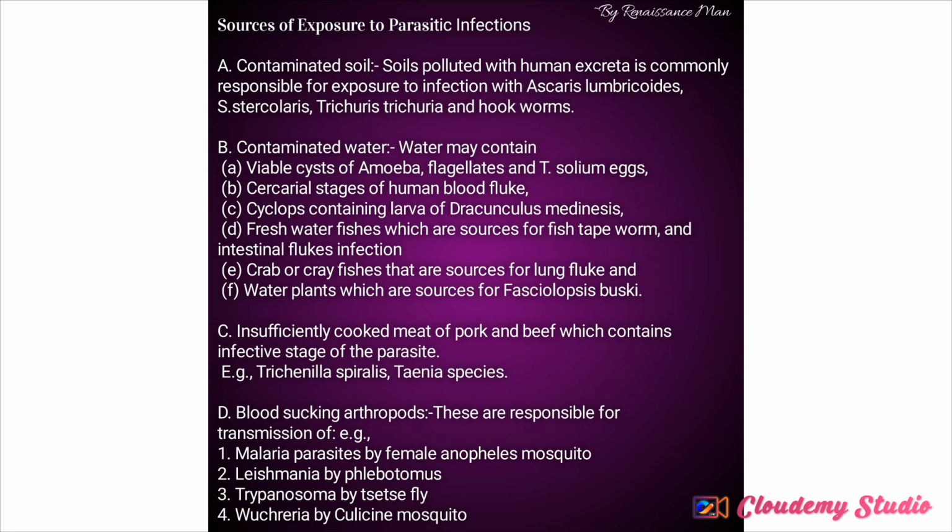Now moving from there to sources of parasite exposure, how you can be exposed to parasites. The first one is through contaminated soil. You can be exposed to parasites through contaminated soil or soil polluted with human excreta.